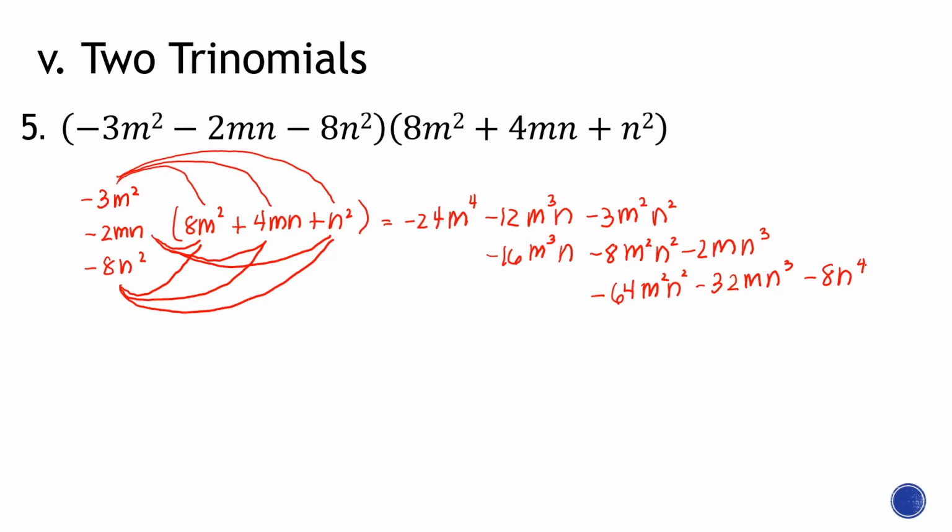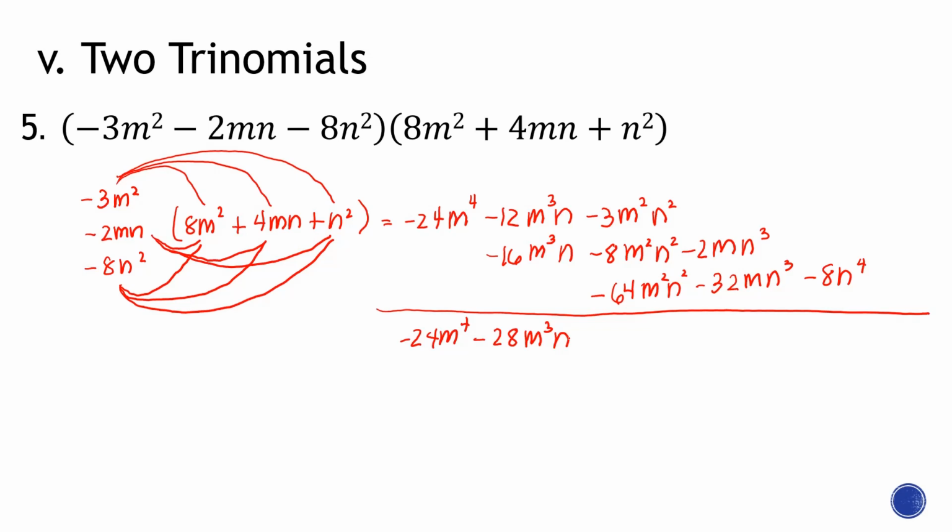Okay. So now the last thing that we will do is just combine all the terms that are similar. Bring down negative 24m raised to 4. Negative 12 and negative 16, they have the same signs. So I'm going to add those two integers. It's going to be negative 28m raised to 3n. We have negative 3, negative 8, and negative 64. All of them are negative. So we will add all of those three numerical coefficients.